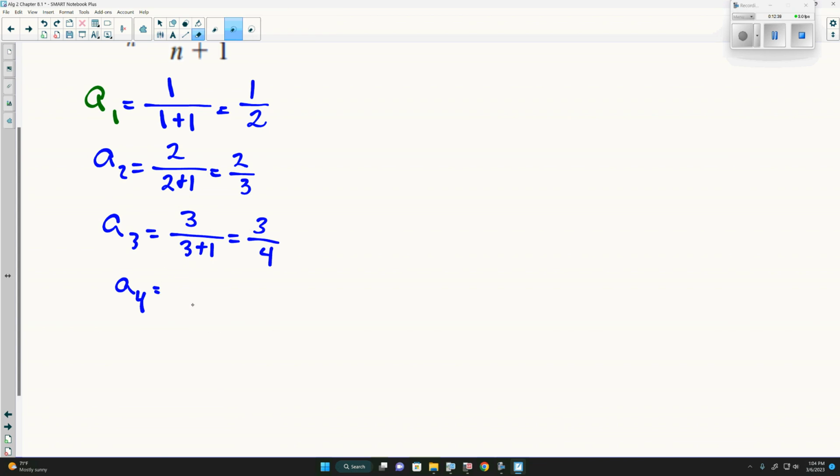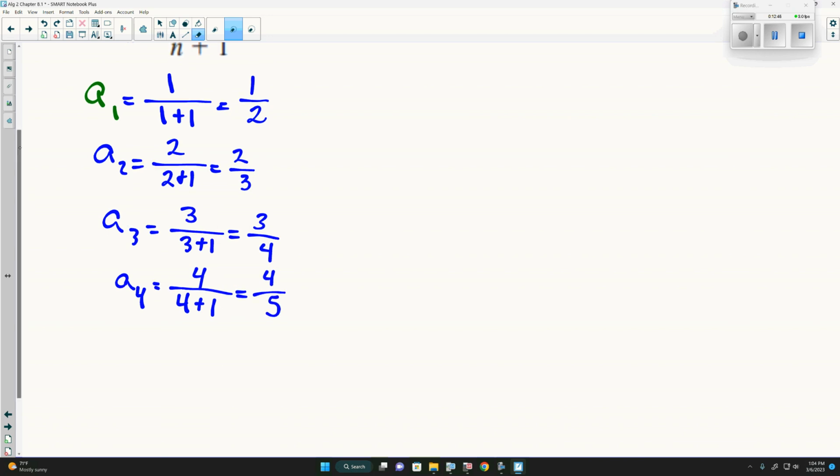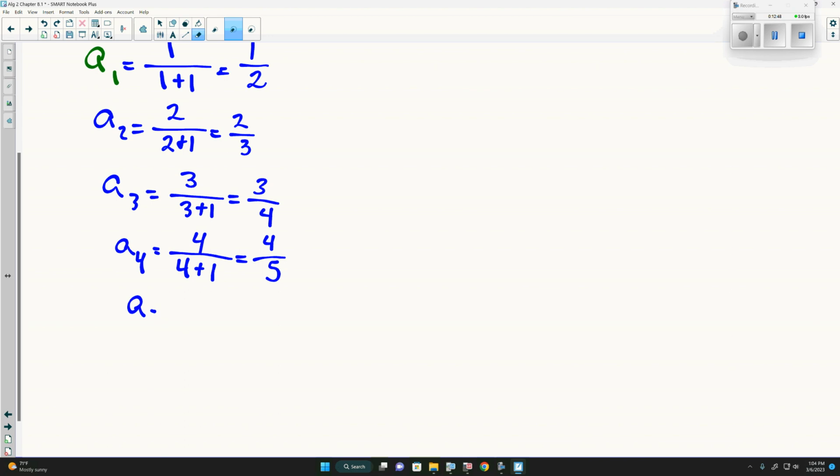So A sub 4 would be 4 over 4 plus 1, which would be 4 over 5. A sub 5 would be 5 over 5 plus 1, or 5 over 6.